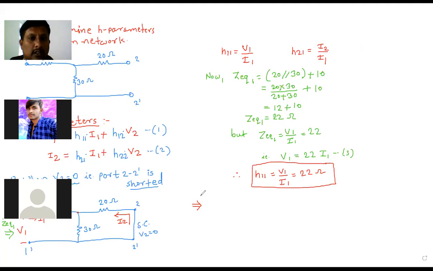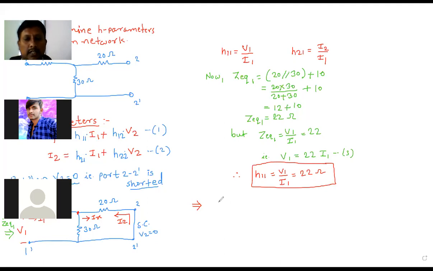Okay. Now next, we want I2 and I1. H21 we are going to find out. The formula of H21 is I2 upon I1, so we want the relation between I2 and I1. So use the current division here. This current you can mark as Ix. The current will flow from left to right, because there is no source on the right side. The source is here. So use the current division.